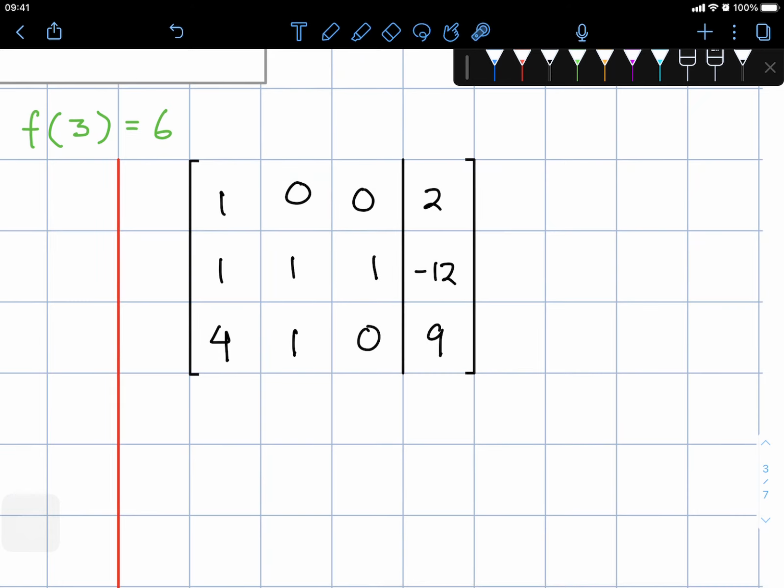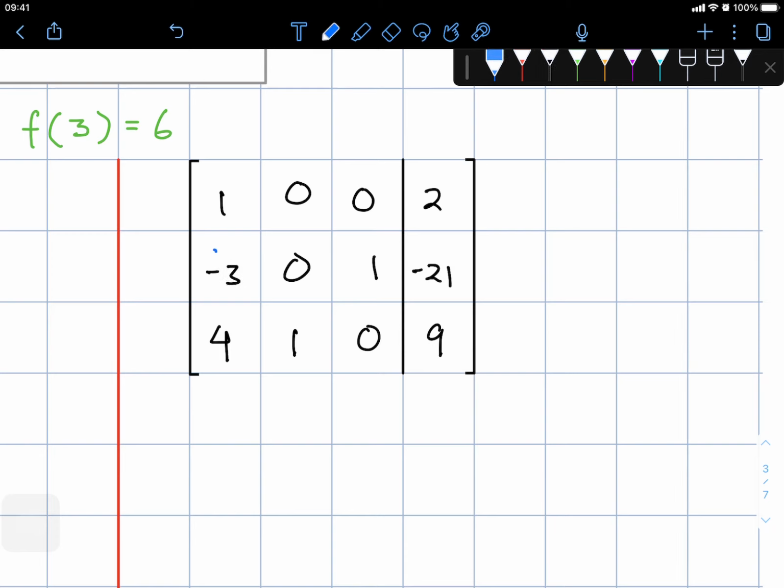Row 2 minus row 3, that's going to be 0. -12 minus row 3, so -12 minus 9 is -21. And 1 take away 4 is going to be -3.